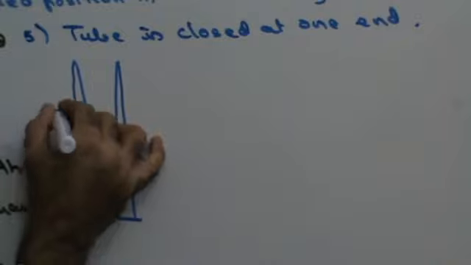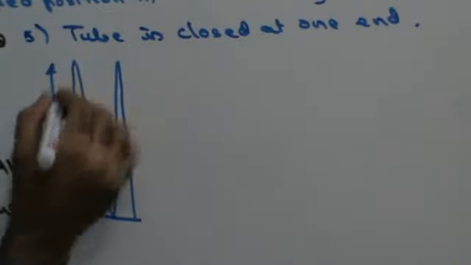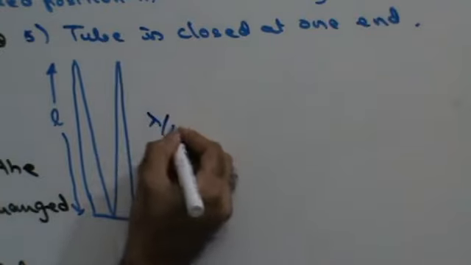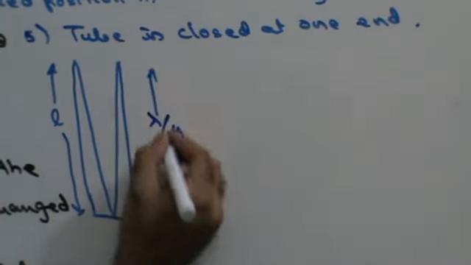The wave goes, hits and comes back. Let's assume that the entire length of the tube is L. That means this is just one fourth of the wave that is produced, right? So that means the length of the tube is nothing but lambda by 4. Let us assume that this point is N and this point is A.